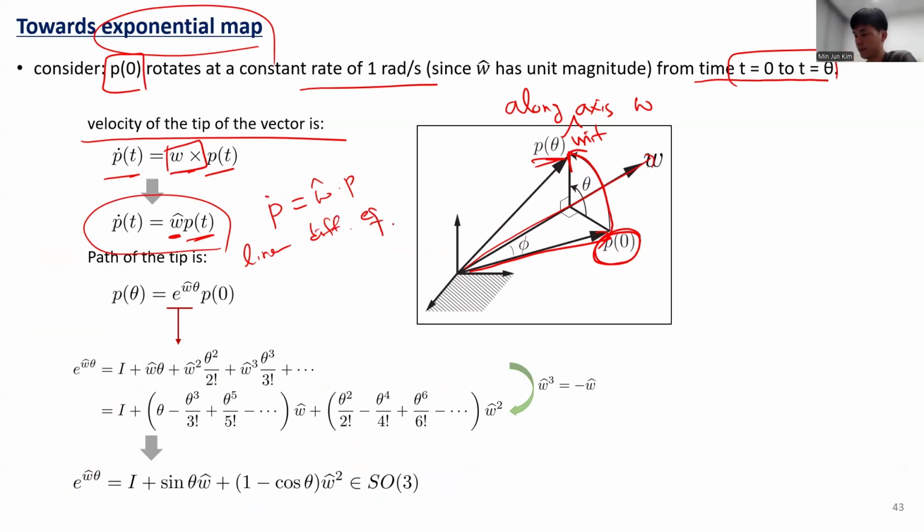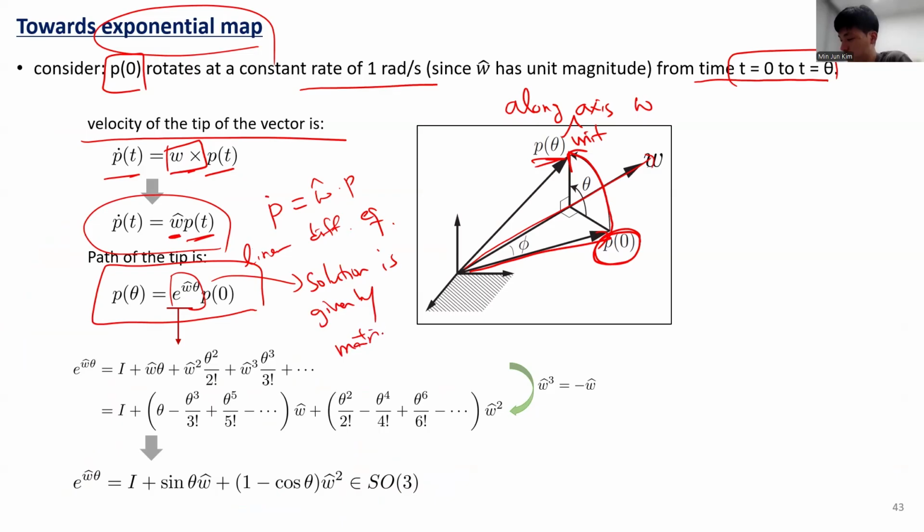So that's just a differential equation, a linear differential equation. So the path of the tip, the solution, is given by the matrix exponential. The matrix exponential is by definition just an infinite series, right? And then we can just rearrange the terms.